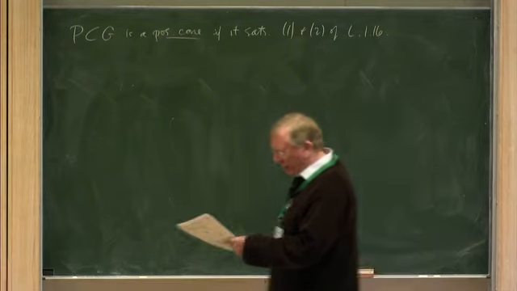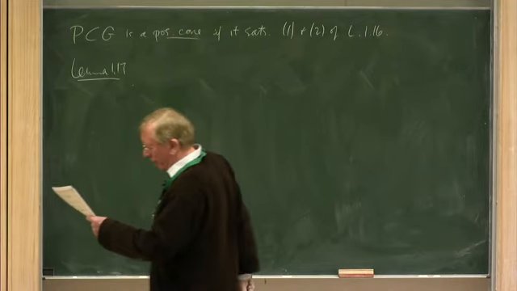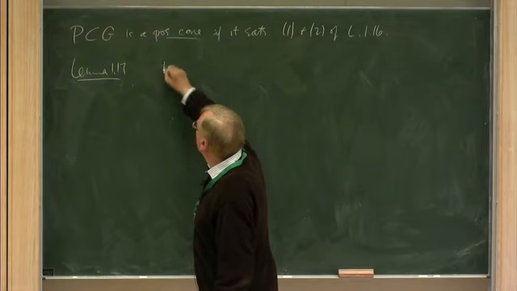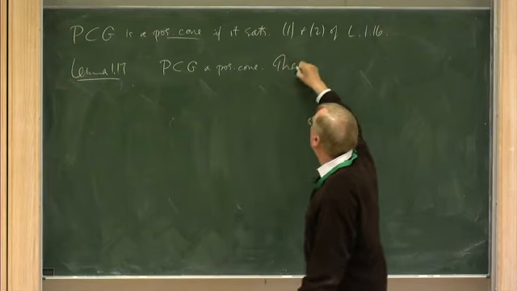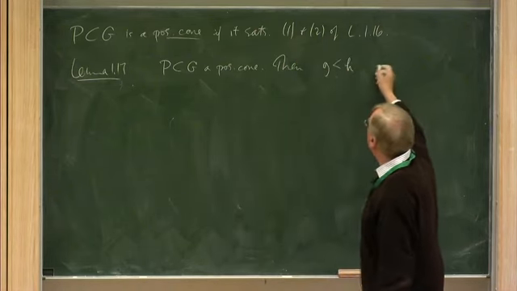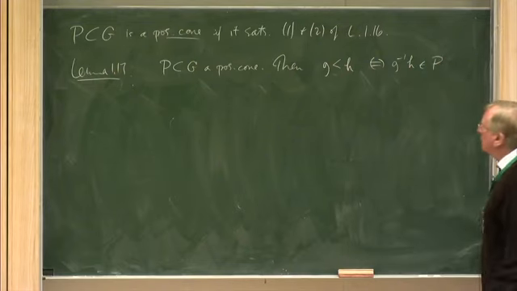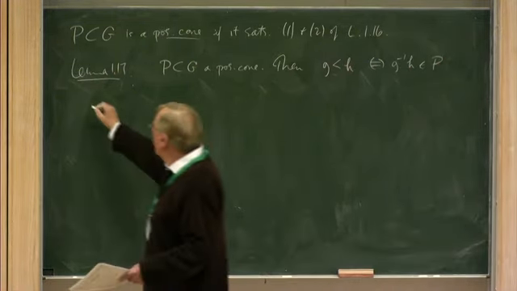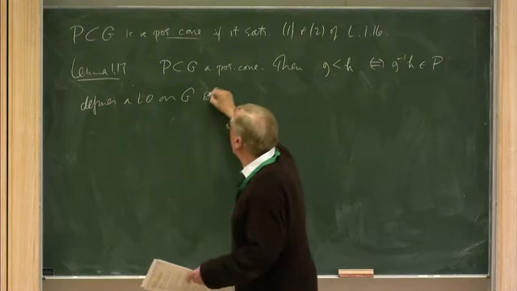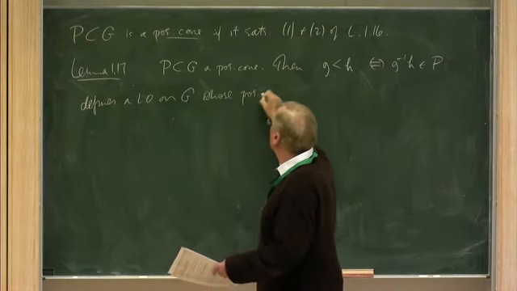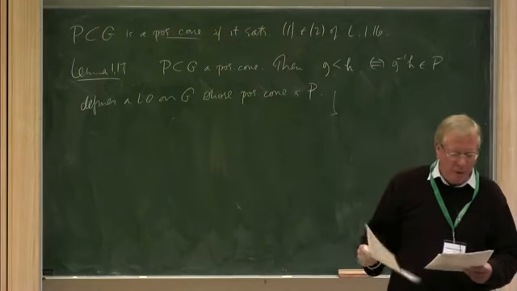Then the elementary exercise for you is that if P in G is a positive cone, then you can define a left order by saying g is less than h if and only if g inverse h belongs to P. This defines a left order on G whose positive cone is just P. So again, that's an elementary exercise for you.